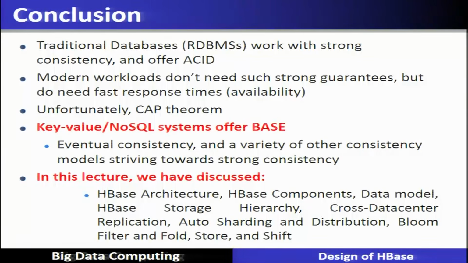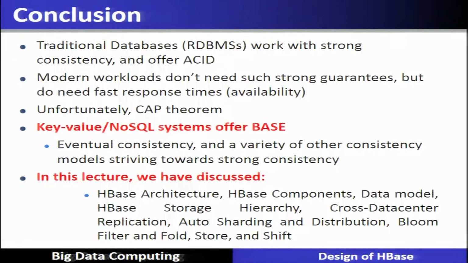Unfortunately, CAP provides only 2 out of 3, so given partition tolerance, HBase prefers consistency over availability. Key-value pair or NoSQL systems offer the BASE properties in these scenarios. Cassandra offers eventual consistency, and the other varieties of consistency models are striving towards strong consistency.